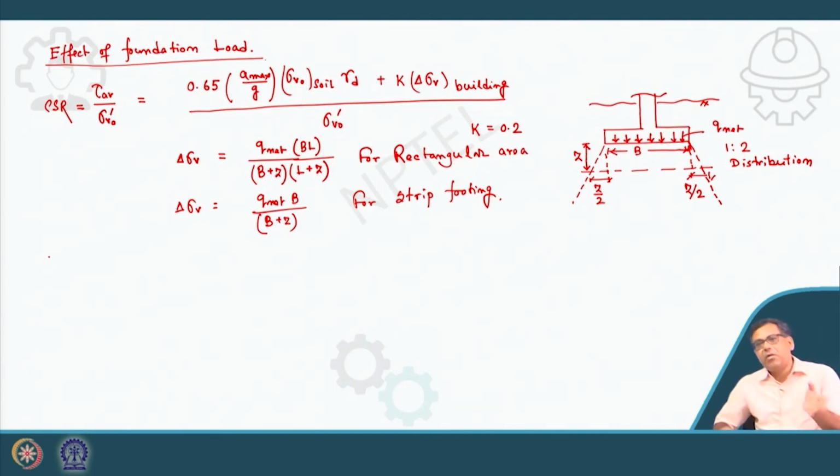Till now I have not solved any problem where I calculate K alpha, so in the next part I will solve one numerical problem and show you how to calculate K alpha. Right now I am giving the expression, because if a foundation load is there, the shear stress will exist, or if it is sloping ground, static shear stress will also exist. So now, the estimation of K alpha.